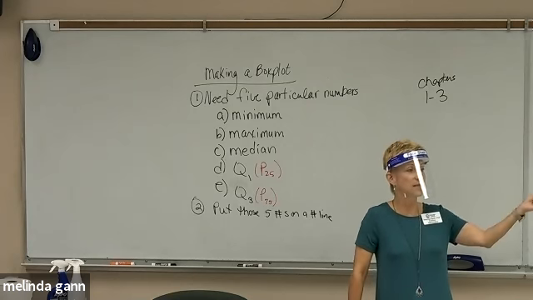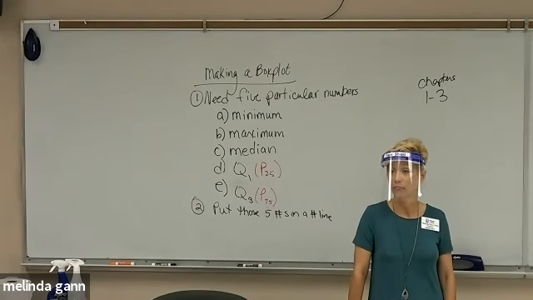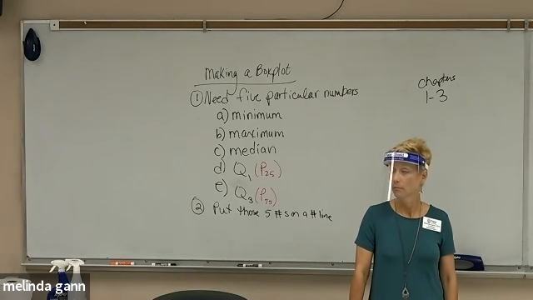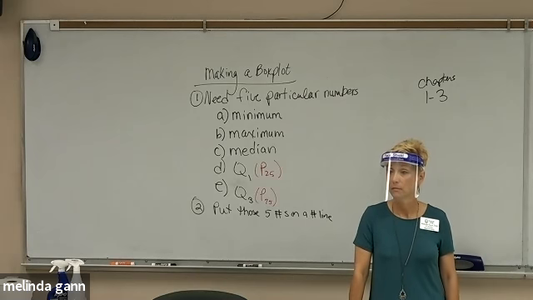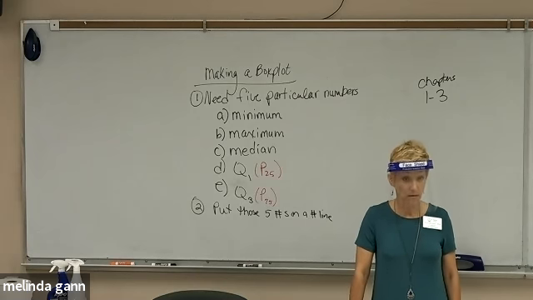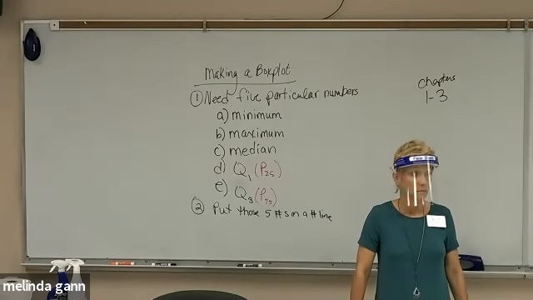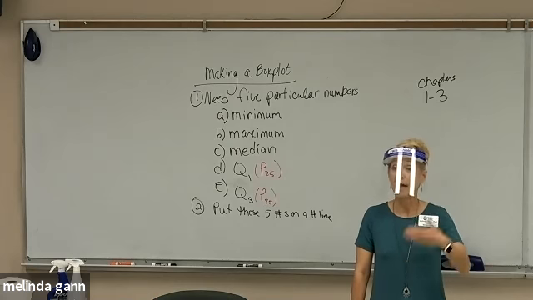Shoe size. What's another one that's not one I gave? What about the number of people in this room? I can't have 2.05 people. ACT scores. So there is lots of discrete data.